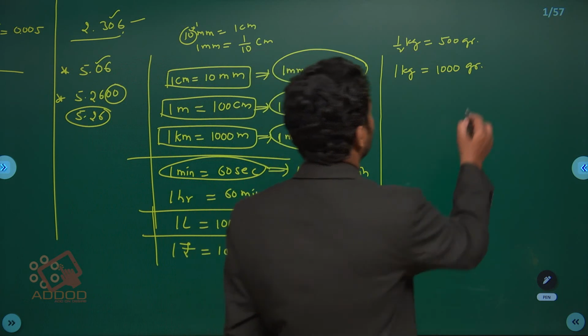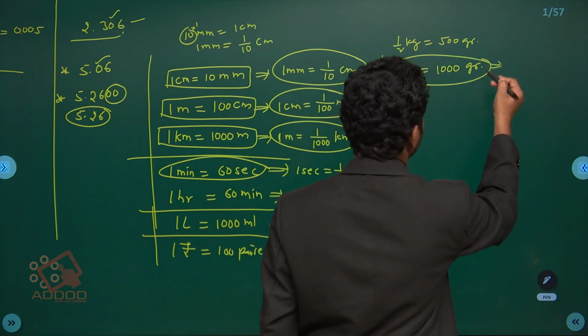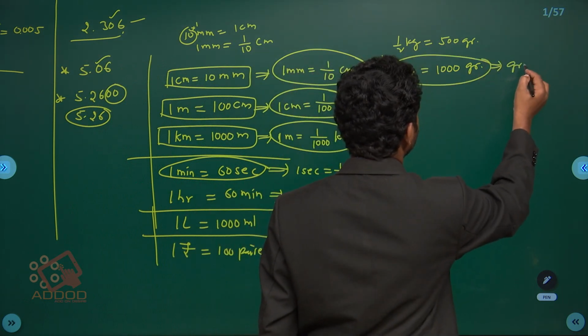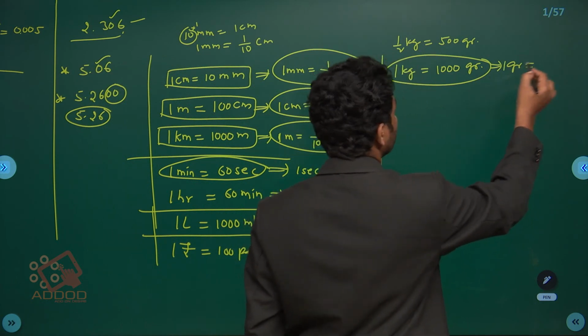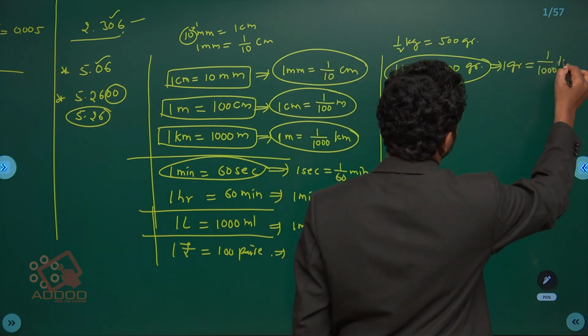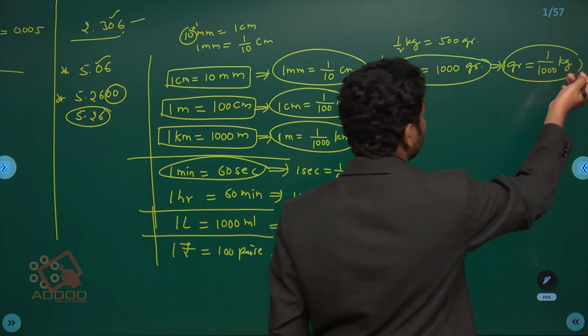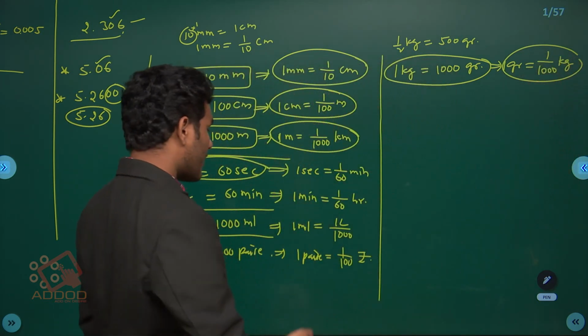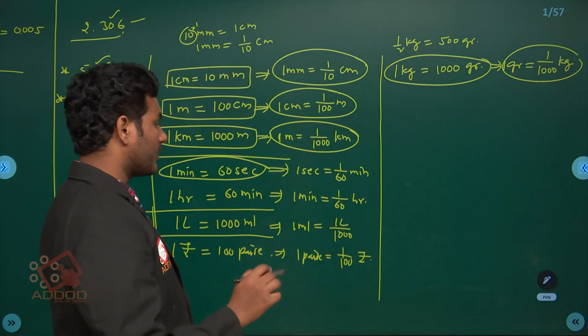And 1 kg is equal to 1000 grams, so 1 gram is equal to 1 by 1000 kg.